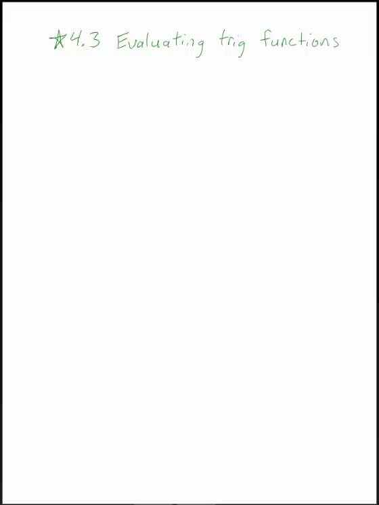So I'm just going to dive right into an example. Let's say I wanted to evaluate the sine of pi over 3. I wanted to know what that equals. So I've got some steps. Here's my first step: you want to identify what theta is. In my case, my theta, my angle, is pi over 3.